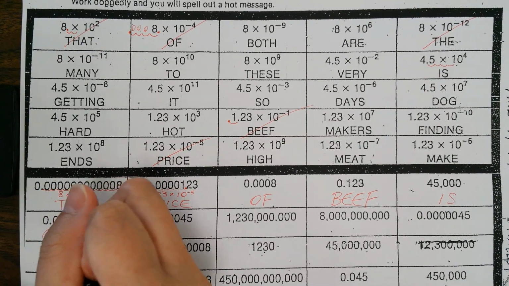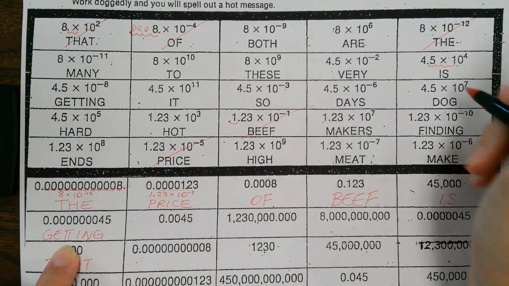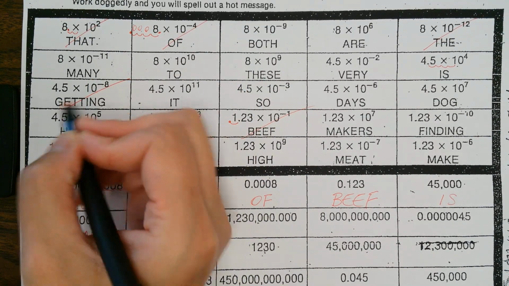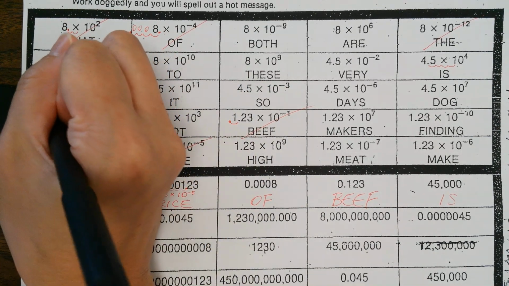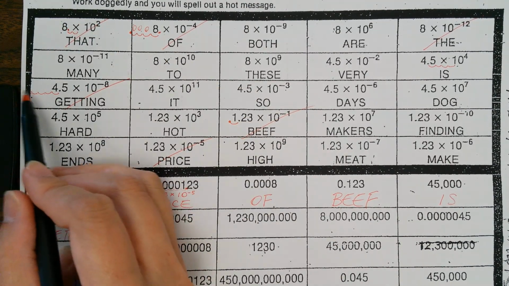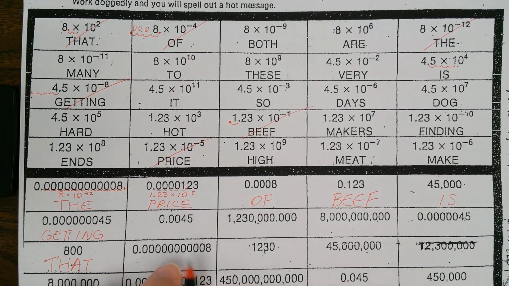Getting. Where's getting? This one right here. Since it's a negative 8, that means I'm moving the decimal place to the left 8 times. And when I fill up those spots with zeros, I get this as the decimal.